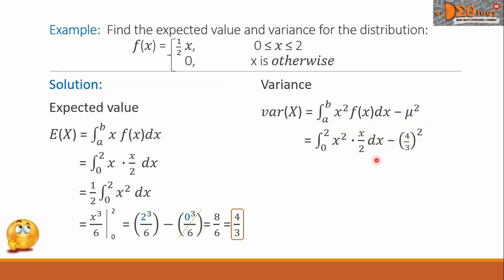Let us simplify the integral. So we have x squared times x, that would be x cubed. Again, the denominator 2 becomes a constant that we will move outside the integral. So we have now 1/2 times the definite integral from 0 to 2 of x cubed dx minus, we simplify now this square of 4 over 3. We have 16 over 9.